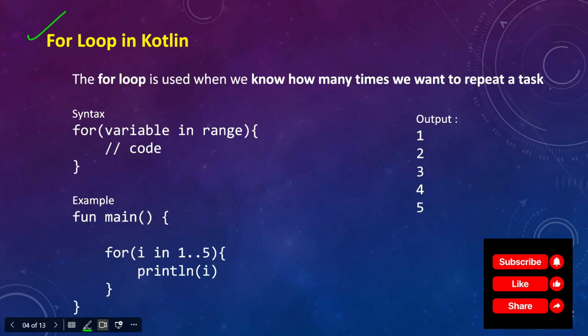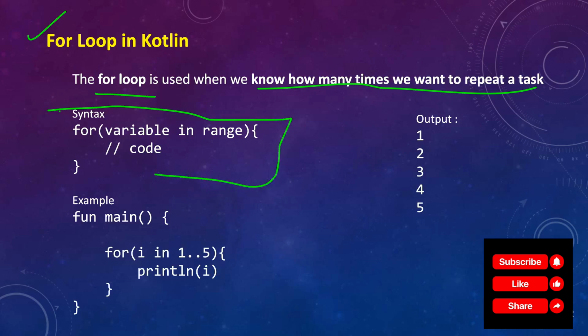The syntax is: for variable in range. Like for i in 1..5 means whatever the value of i, print between 1 to 5. In output, 1 2 3 4 5 will be printed.